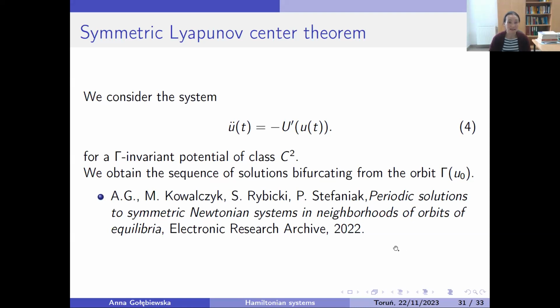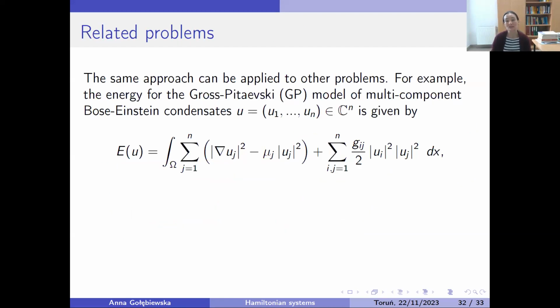And the last thing we want to study, in fact we are studying, is not only Hamiltonian systems, but also coupled problems, which mathematically behave similarly to our Hamiltonian systems, but have a more complicated structure and more symmetries. The kind of problem we are currently studying is the problem of multi-component Bose-Einstein condensates.